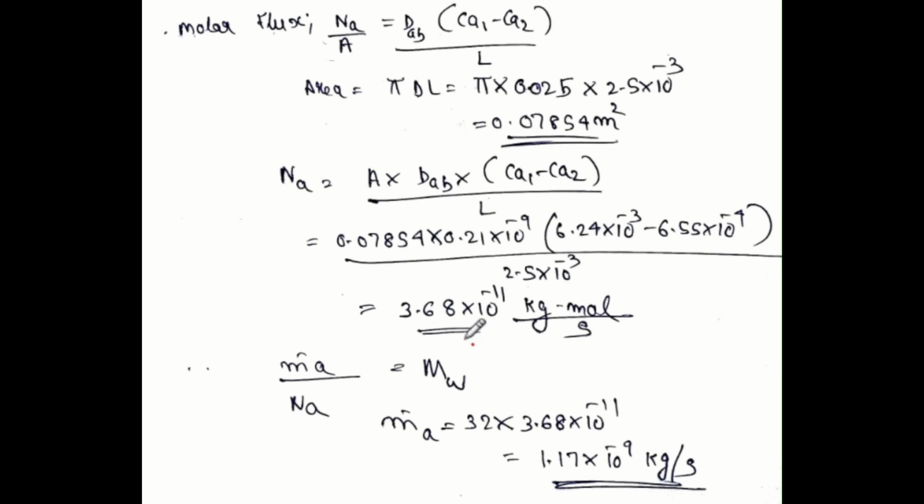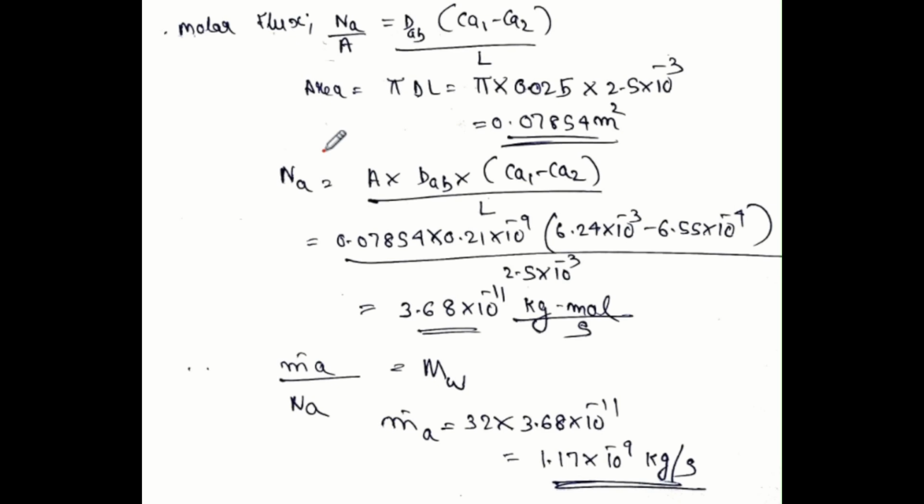Now we got NA, the number of moles, as this much value, 3.68 into 10 raised to minus 8 kilogram mole per second. If it is the number of moles, you may think the unit is kilogram mole, right? But how does the second come? Because in this equation it is actually the mole rate, not simply the number of moles. So the unit will be kilogram mole per second, not simply kilogram mole.